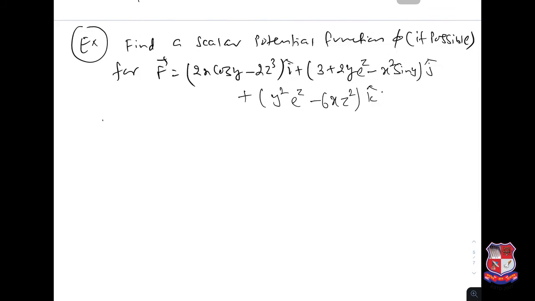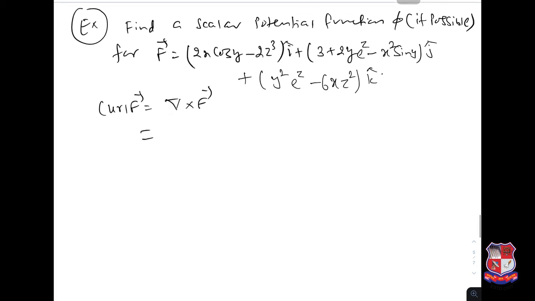So first we find the curl of f, whether the curl of f is zero vector or not. So that we can find. So here it is i, j, k, del by del x, del by del y, del by del z.